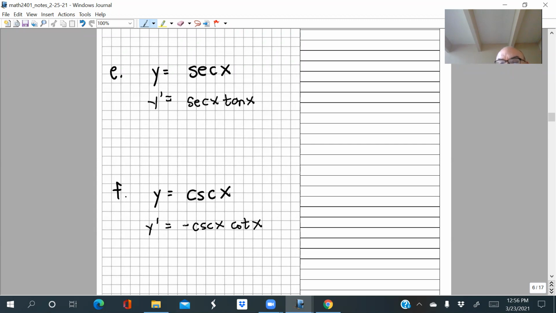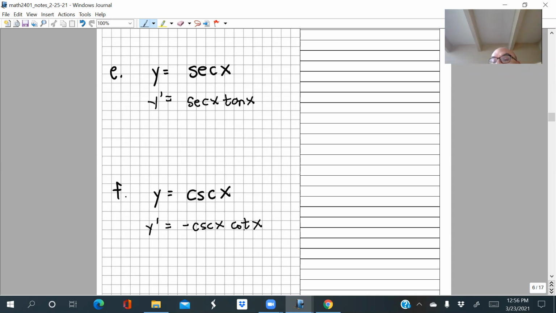All those trig functions, cosine, cosecant, cotangent, they end up with negatives in their derivatives. So for cosecant, it's minus cosecant x times cotangent of x.